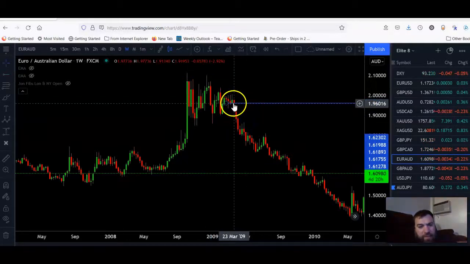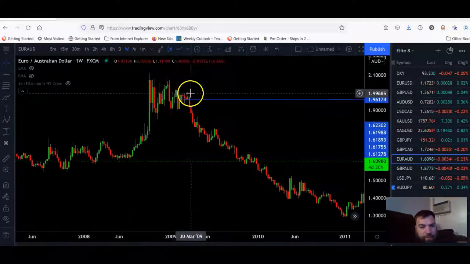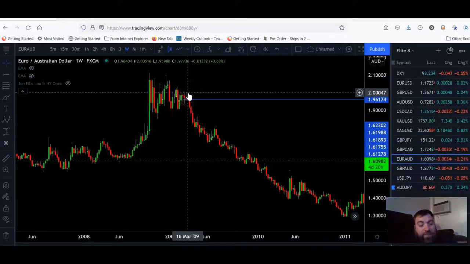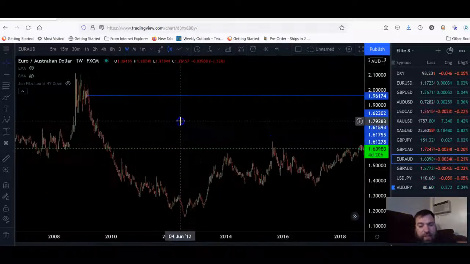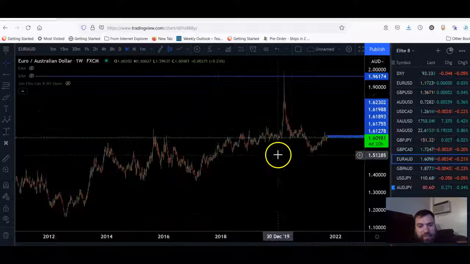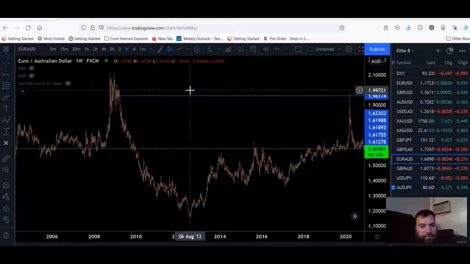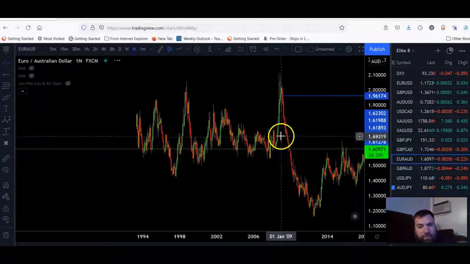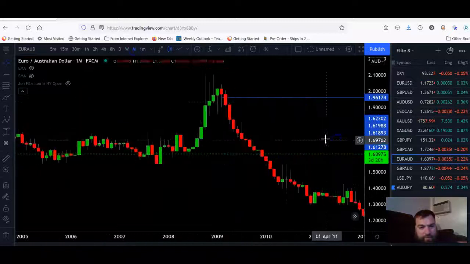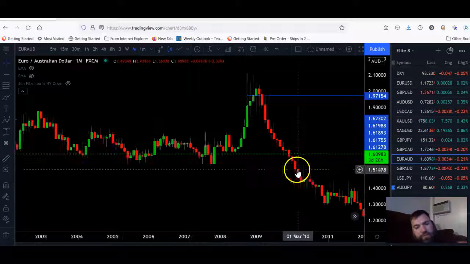Okay, so you see this last red green candlestick right here? This is back in 2009. Okay, get this big push down, then all this consolidation, it comes back up to here. Okay, we've got the monthly. Monthly, last monthly candlestick for this push move down.